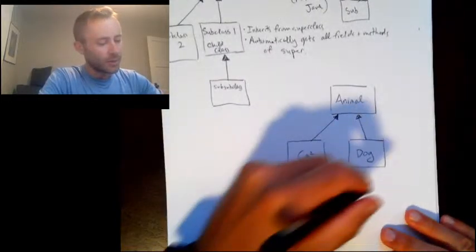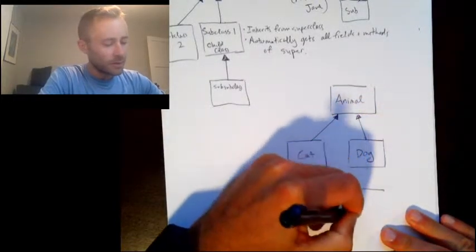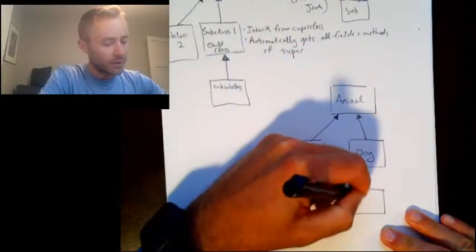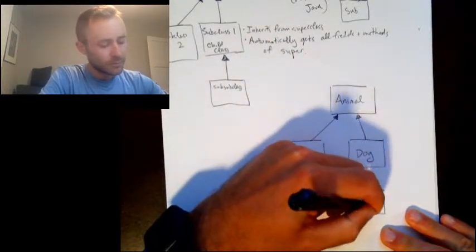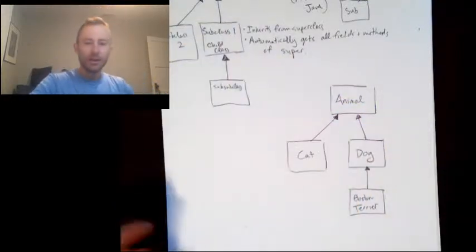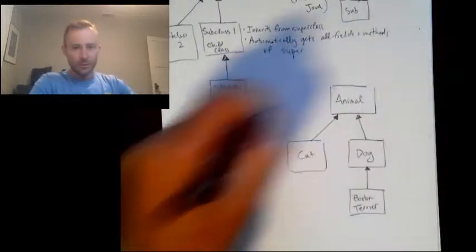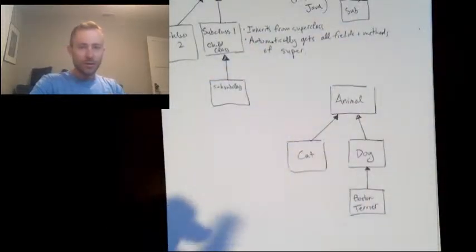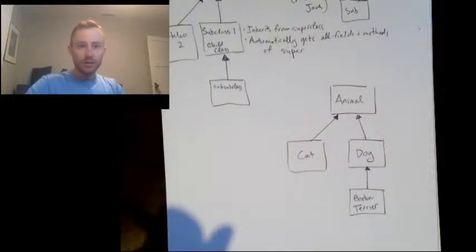And then I'm going to have a class inherit from dog that is called Boston Terrier, because I have two Boston Terriers. Okay, so that is the class structure, the relation between all the classes that I'm going to be showing you guys in today's little code snippet.